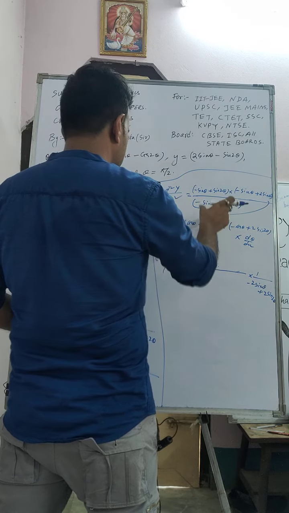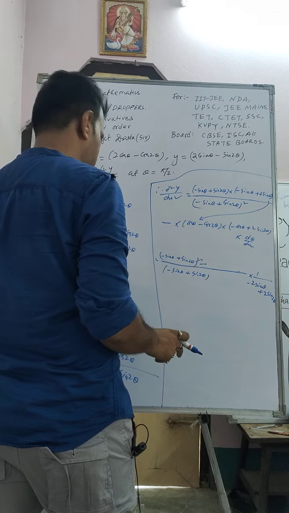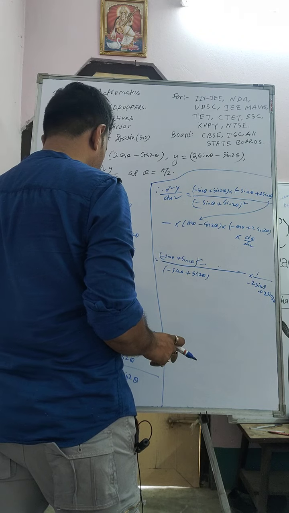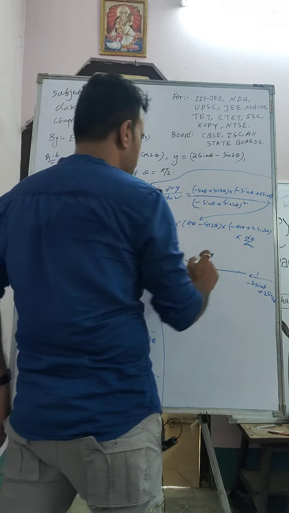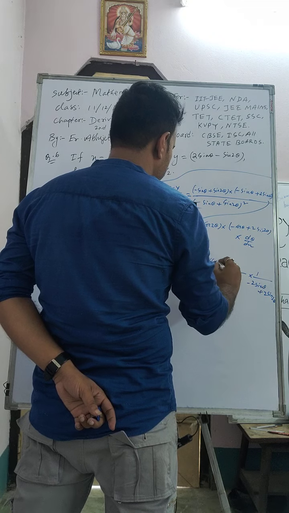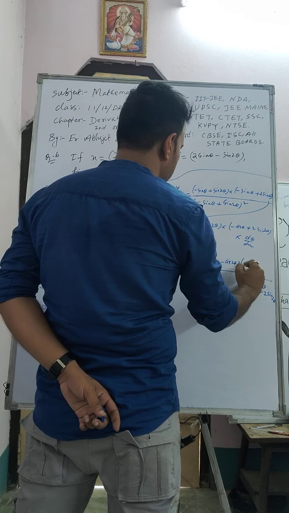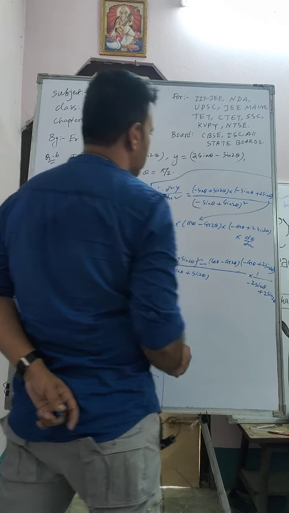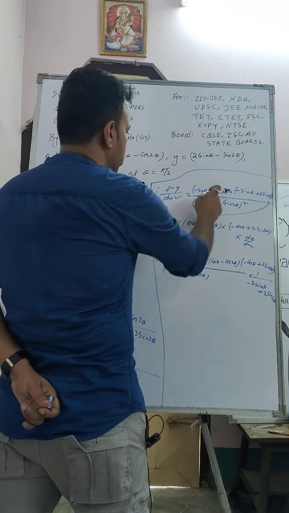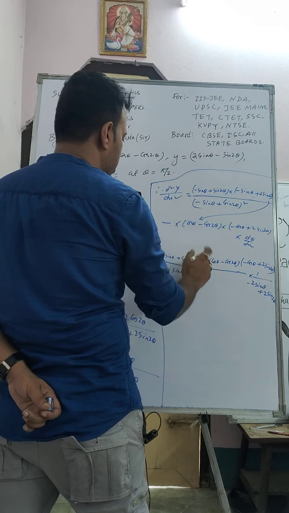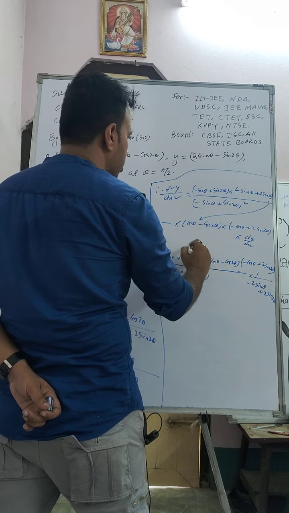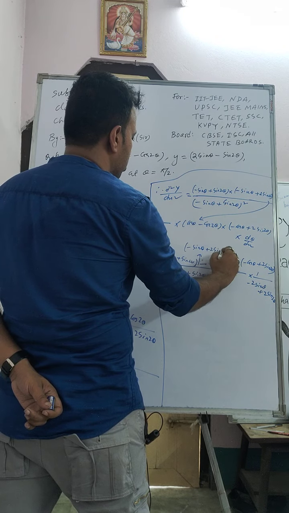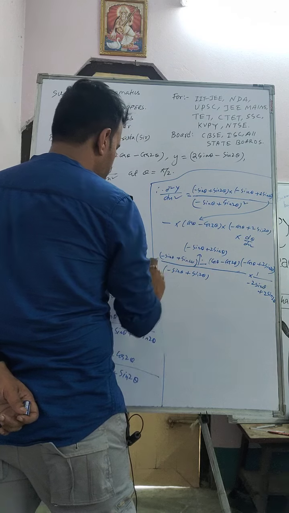I take this one as u and this one as v: cos theta minus cos 2 theta, and this will be minus cos theta plus 2 sin 2 theta. No, it is not in the square form. It is sin theta, and here 2 sin 2 theta minus sin theta.